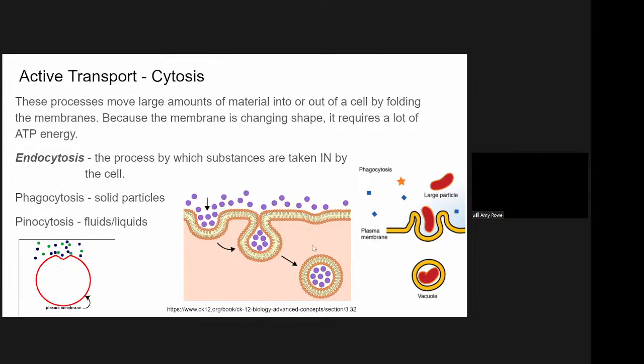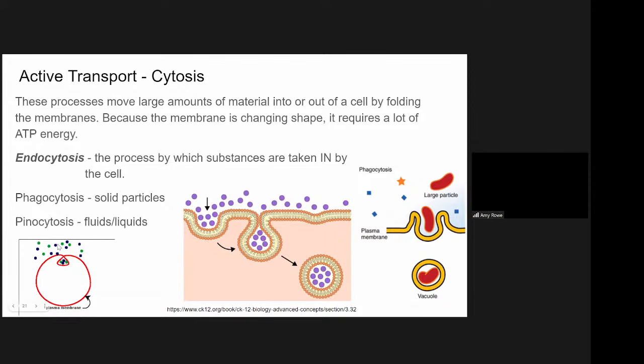So what happens for both phagocytosis and pinocytosis is kind of the same. So we have our plasma membrane here. You can see our lipid bilayer. And what happens is when a solid particle, as we see on the right-hand side here, our large particle, presses against the plasma membrane, it kind of creates this dip or pit, or we say that it invaginates, and then forms kind of like a little pocket or loop that is able to reform at the top here, kind of like what we see in the diagram here on the lower left-hand side.